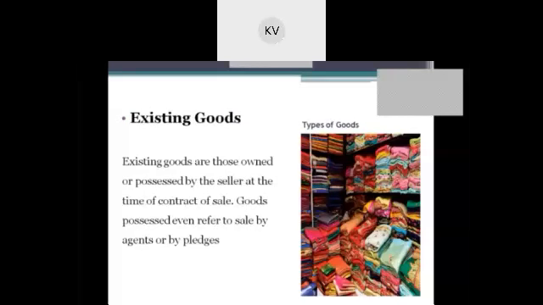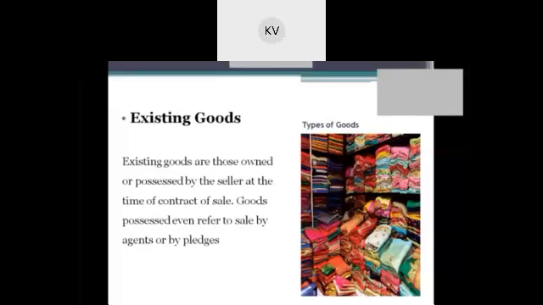In types of goods, we have existing goods, contingent goods, and future goods. So first we are going to see the existing goods. Existing goods are those which are possessed by the seller at the time of the contract of sale. Goods possessed even refers to sale by an agent or by a pledgor. So you can easily identify existing goods.